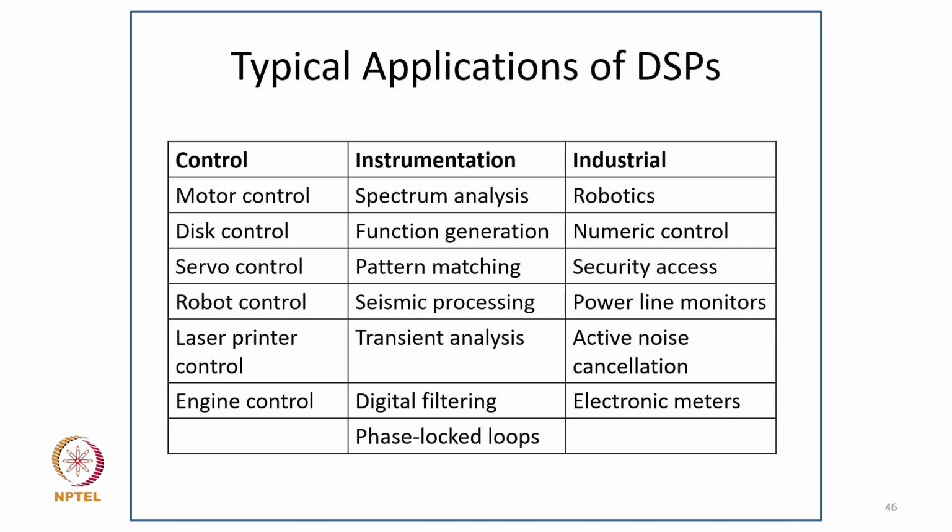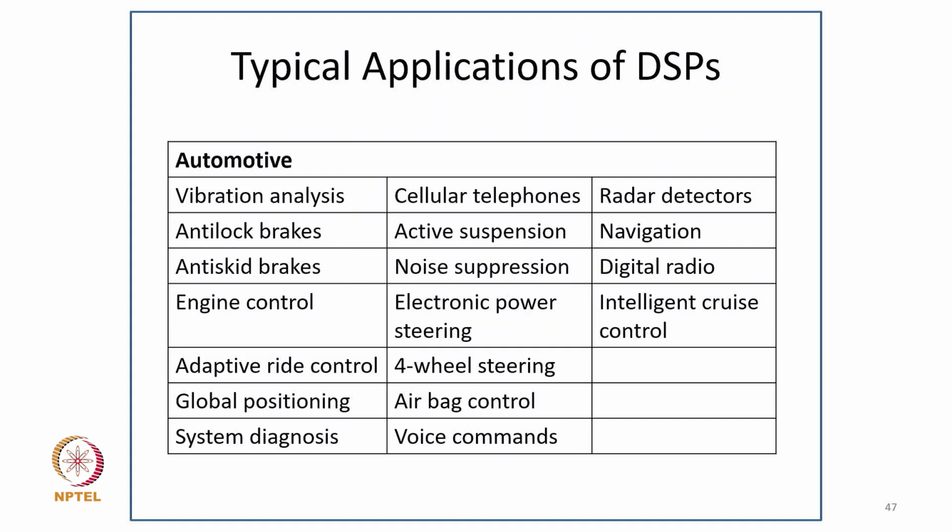Coming to instrumentation, like spectrum analysis, function generation, pattern matching, seismic processing, transient analysis, digital filtering and phase-locked loops. In industrial applications, like robotics, numerical control, security access, power line monitoring, active noise cancellation and electronic meters.